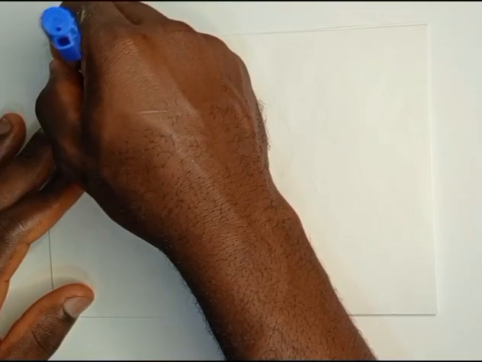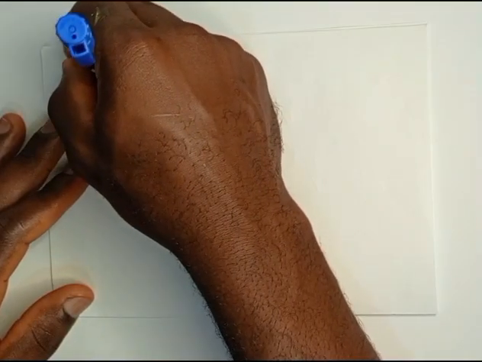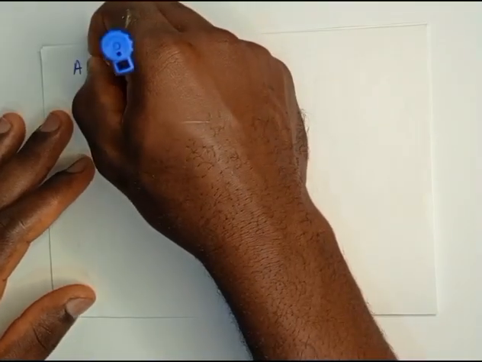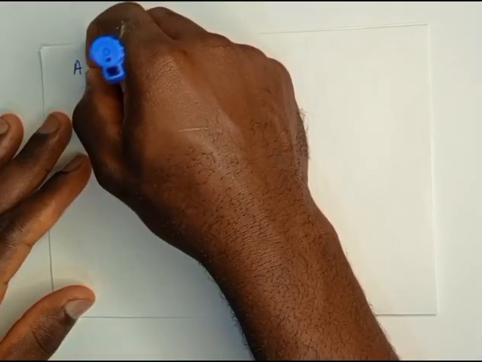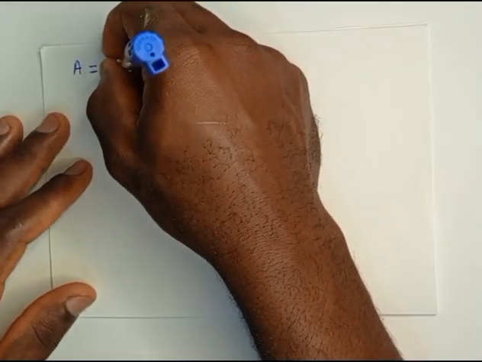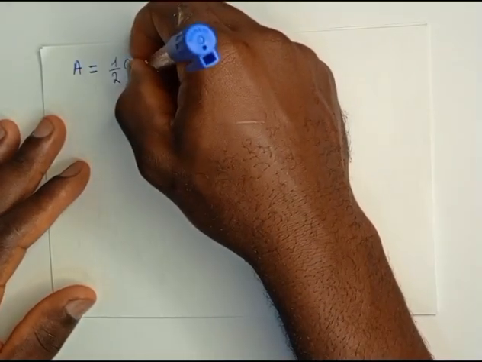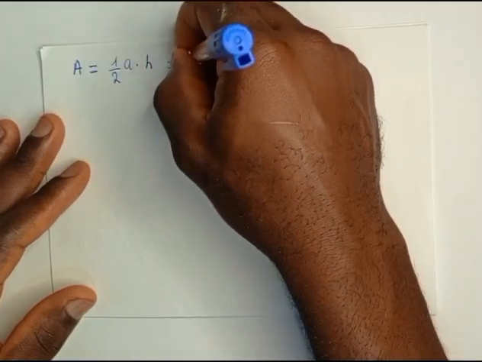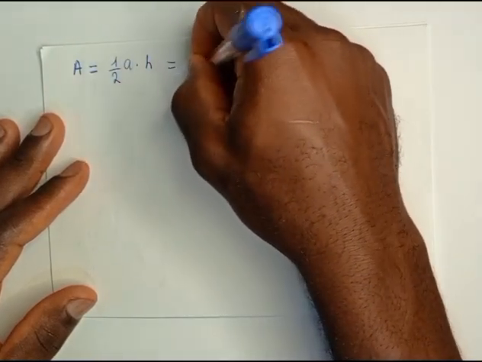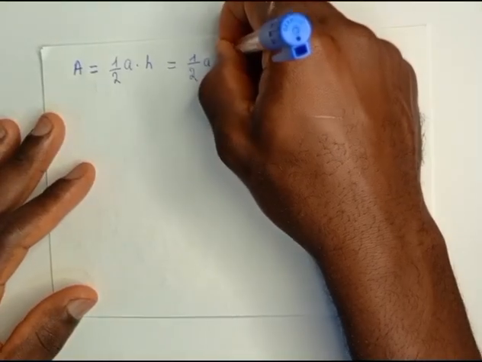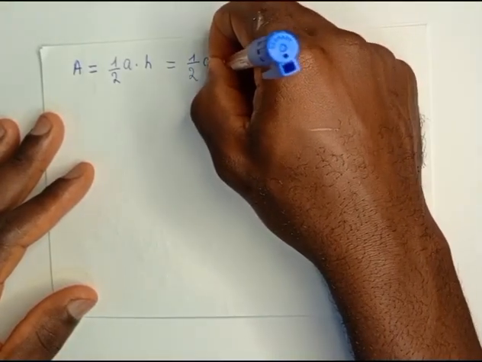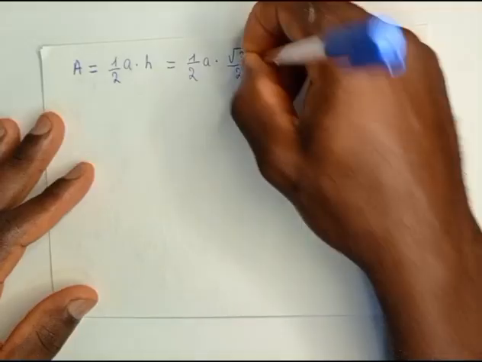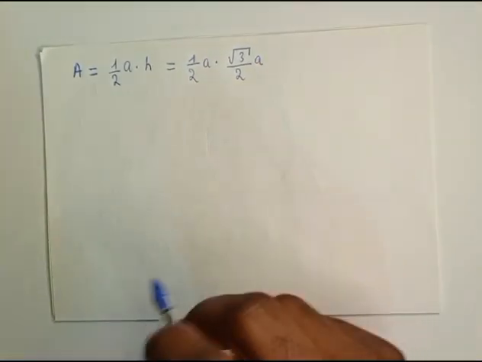The area of the equilateral triangle is simply equal to a half the base, which is a, times the height h. This will be equal to a half a times the height, which is root 3 on 2 a. We are just done calculating the height h.